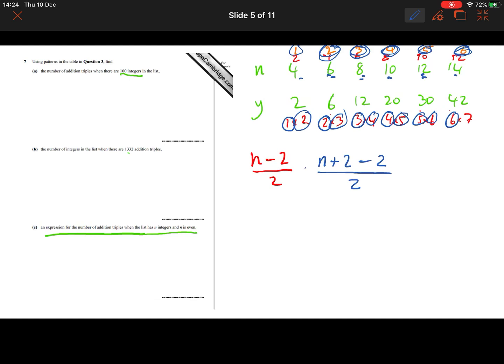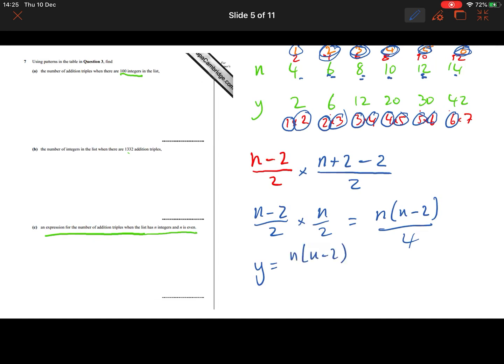Take away 2 and then divide by 2, which is n minus 2 over 2, times n over 2, which is the same as n times n minus 2 over 4. And there is my formula that connects y and n.